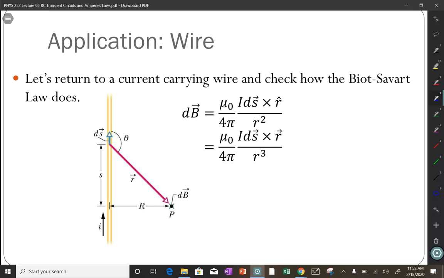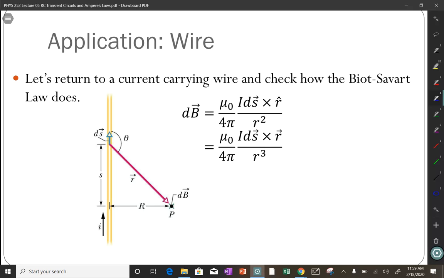I think we chose a cylinder? No. Cylinder would have been for Gauss's law. This is a line rather than a closed shape. Like with Gauss's law, it was dA over a closed area. With Ampere's law, it's a ds over a closed loop.